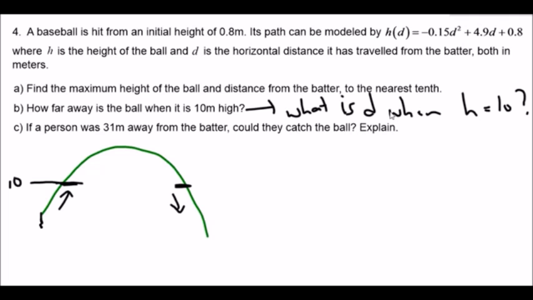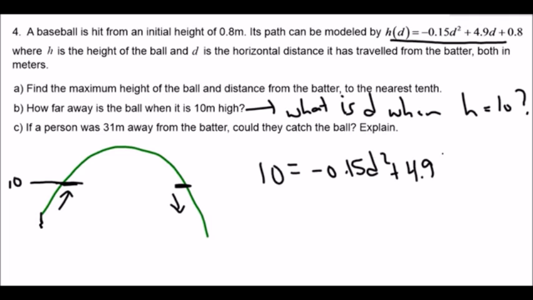That's the math we need to do. So we're going to take our equation, we're going to sub 10 in for the height, and then calculate d. So how do we solve a quadratic? Well, no matter what, we need it equal to 0. So I'm going to subtract 10 from both sides.